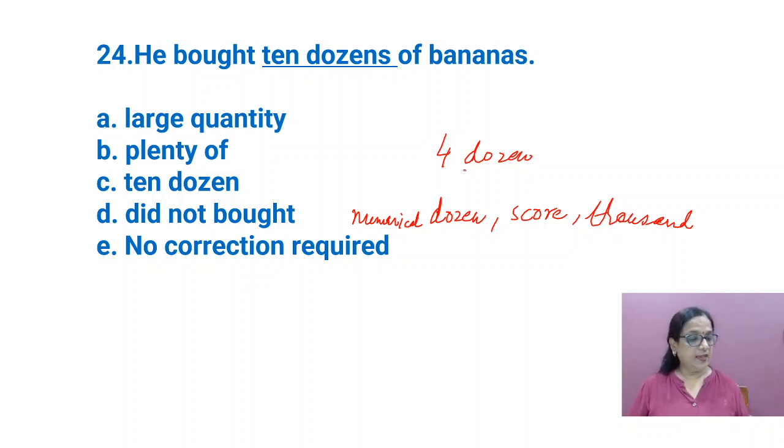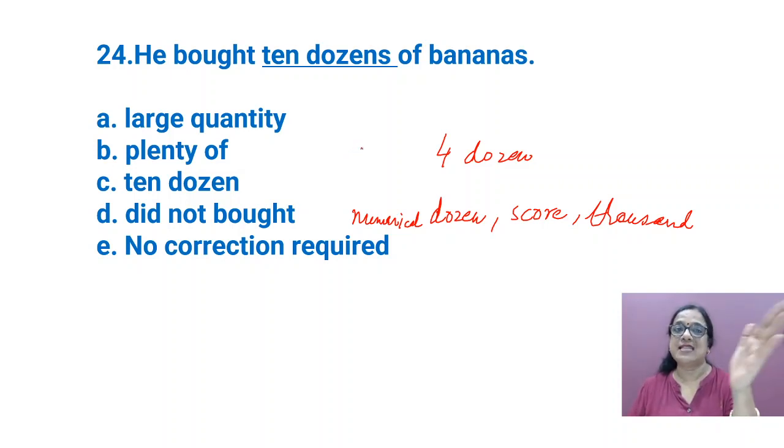So in this way, when preceded by numerals, it is always used without s, that is, it is used in singular. He bought 10 dozen of bananas. He bought 4 dozen of bananas. He bought 4 score of books, and score means 20.